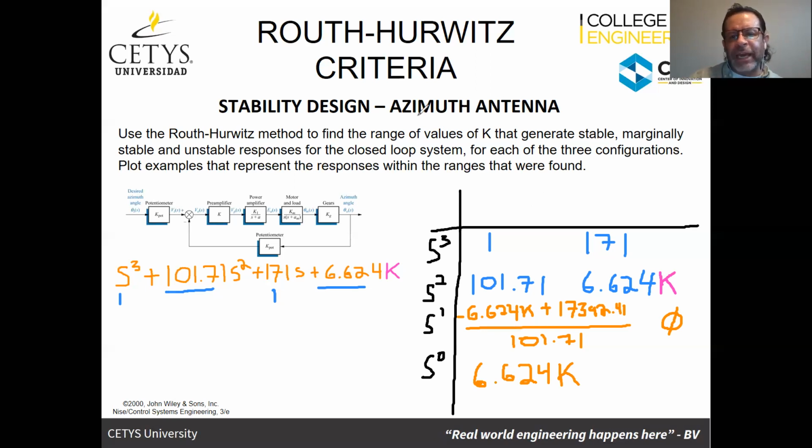Now we look at the columns and observe that the second row is positive. That means that these two also have to be positive. That means that the inequality that we're left with is this.